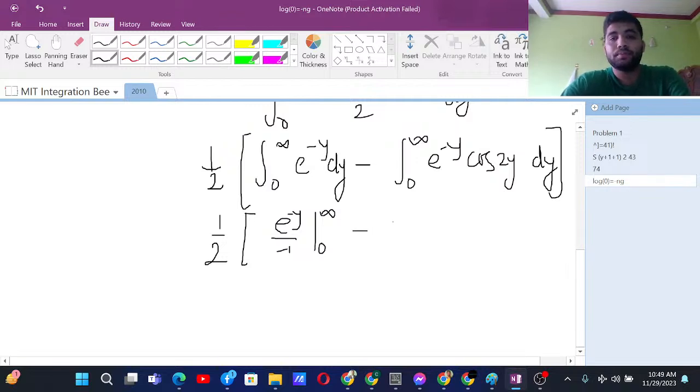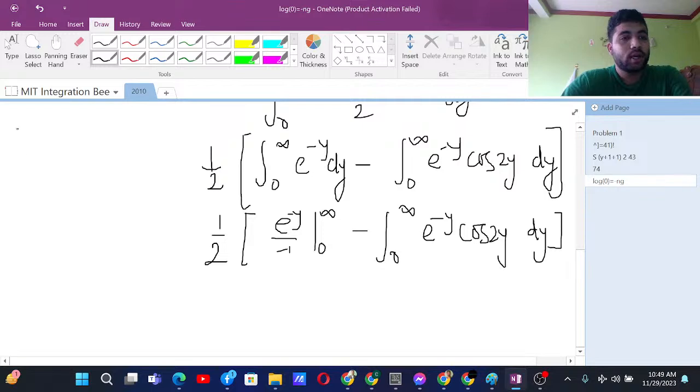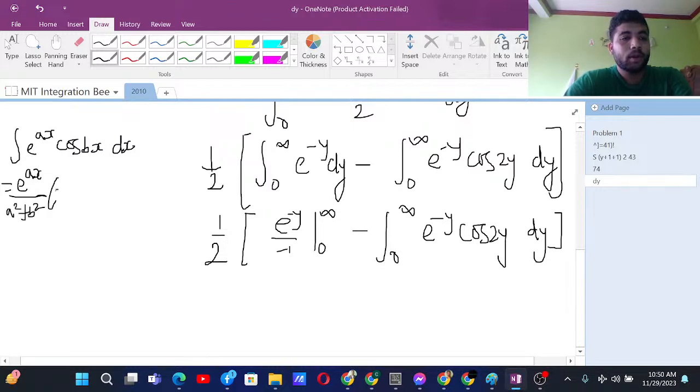And minus. For the other one, we will need a standard formula. The formula is the integral of e to the power ax cos bx, which is e to the power ax by a square plus b square times a cos bx plus b sine bx.